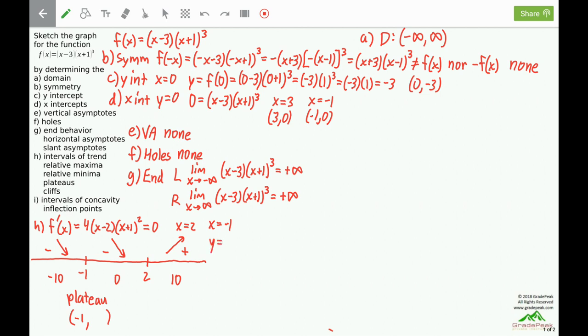So y equals f of negative 1, which is negative 1 minus 3 times negative 1 plus 1, and then quantity cubed. Negative 1 minus 3 is negative 4. Negative 1 plus 1 is 0 cubed. 0 cubed is 0 times the negative 4 will be 0, so we have a corresponding y-coordinate of 0. It turns out this was one of the x-intercepts from up above.